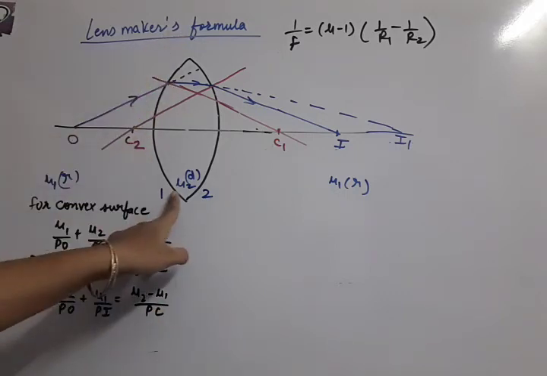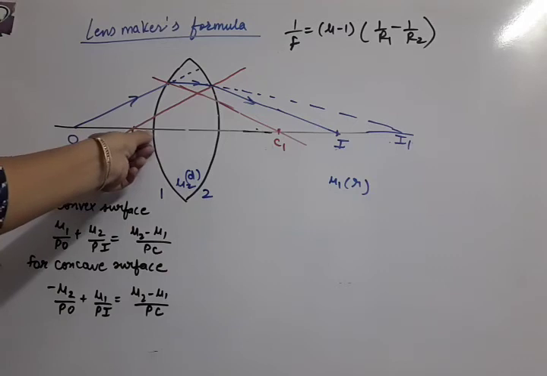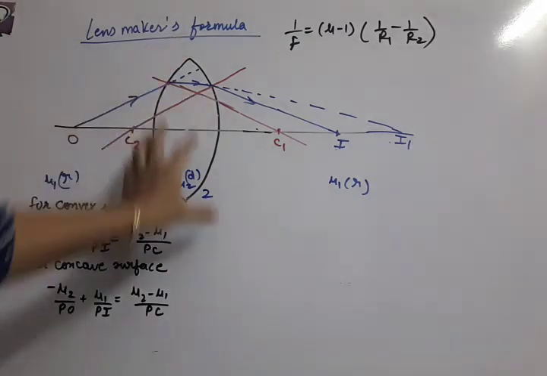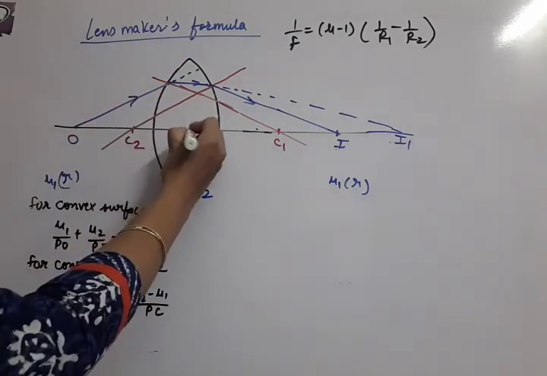If there is only one surface, then we measure all the distances from the pole. But for the lens, there is the optical center.